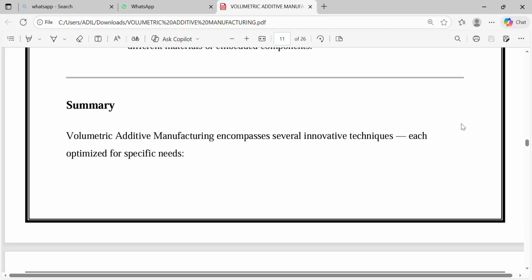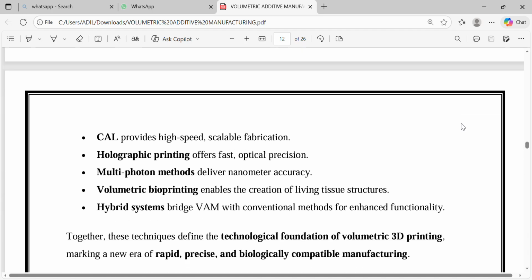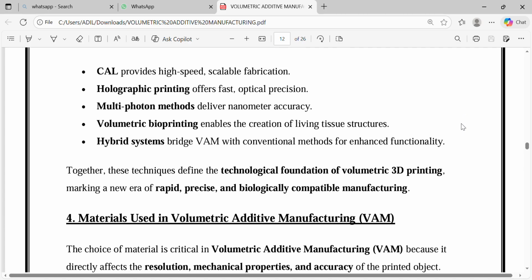Here is a summary. Volumetric additive manufacturing encompasses several innovative techniques, each optimized for special needs. CAL provides high-speed and scalable fabrication. Holographic printing offers fast and optical precision. The multi-photon method delivers nanometer accuracy.